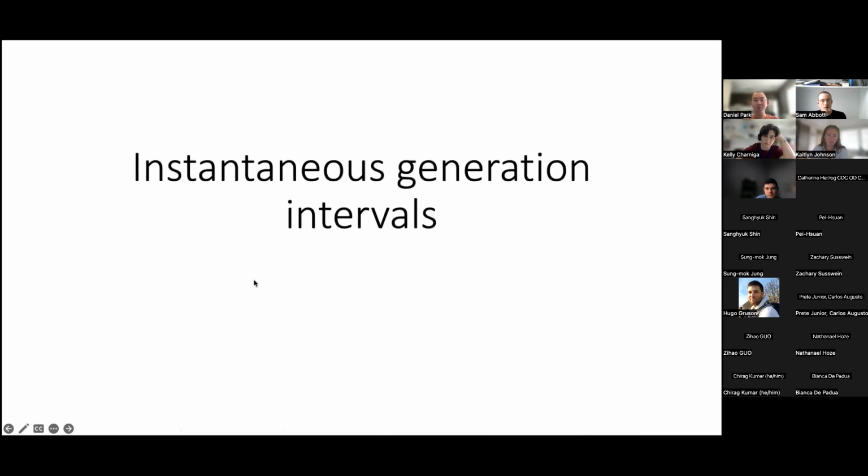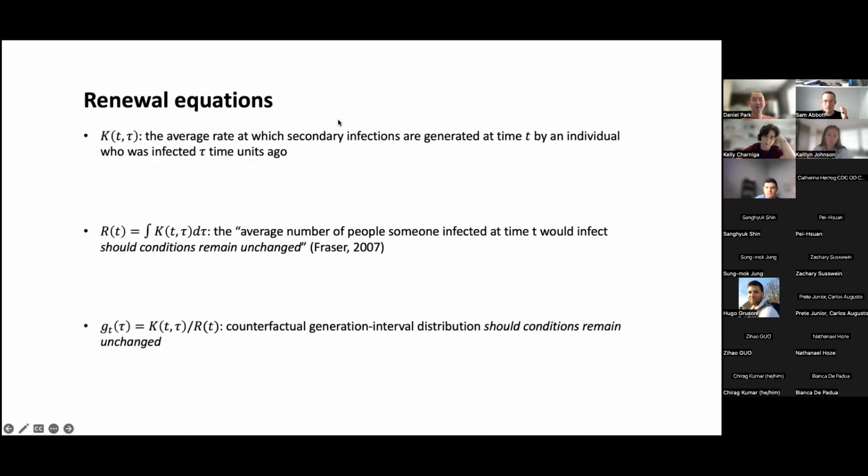That brings us to the next section, what I like to call instantaneous generation intervals. Now this part is, I think, a little abstract. So now going back to a little bit of math.